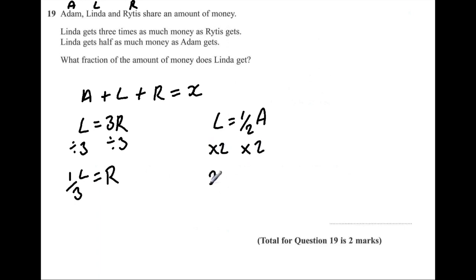So we have 2L is equal to A. So again, R is equal to a third L, and A is equal to 2L.